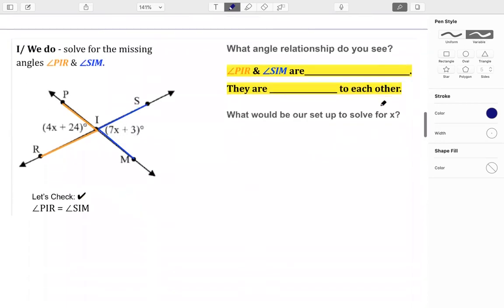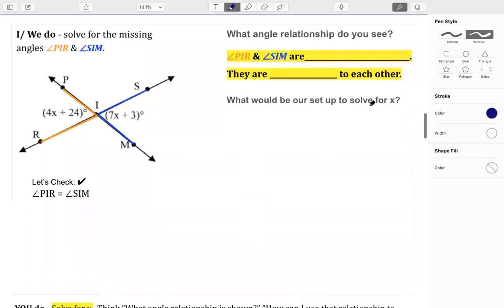Okay, so again, pause the video here to see if you can verify what the angle relationship is between PIR in orange and SIM in blue. All right, did you guess it?